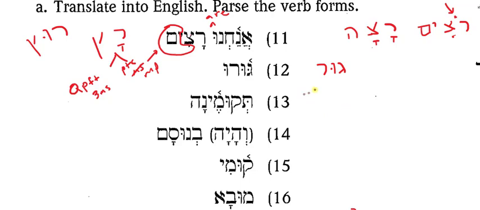Okay? Now, here's what I want you to see. So this is guru. I've got a shurik on the back side of the last root letter. So when you see shurik, what are your possibilities? Which conjugation patterns have a shurik personal ending? Does the perfect? Yep. Third common plural if it's perfect, right? Imperfects do, but here's the question.